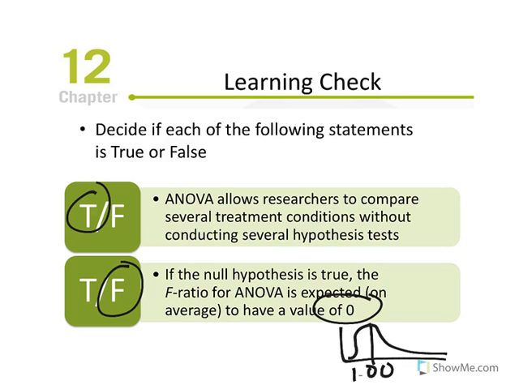The 0 would be reflective of 0 differences between groups, but we still have those other variables of within treatment variation, which is also referred to as random unsystematic factors. So again, we wouldn't anticipate our F statistic to equal 0, we would anticipate it to equal 1. And that concludes part 2 of Chapter 12.